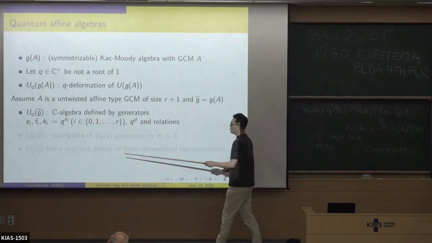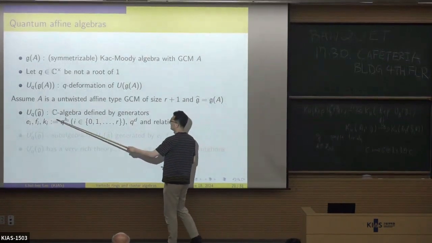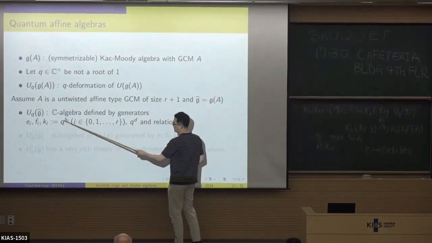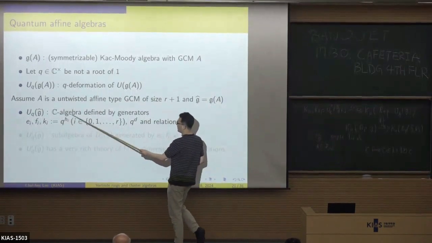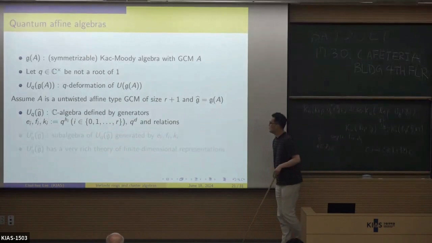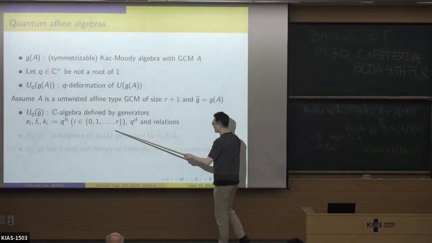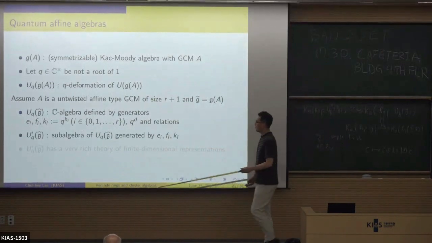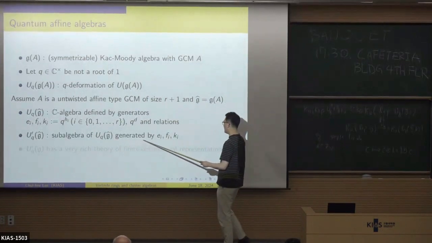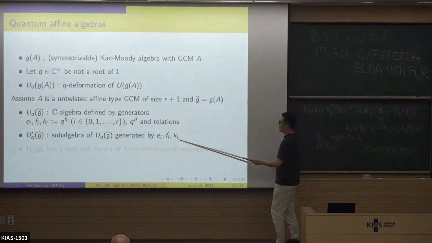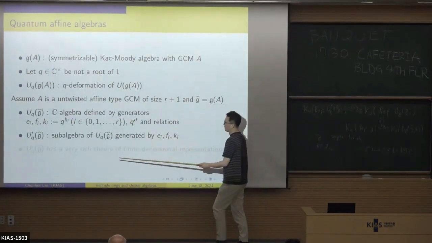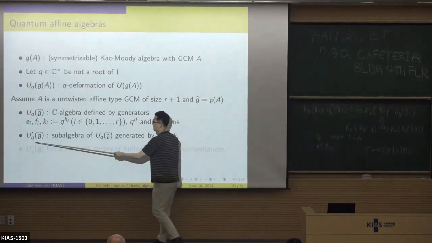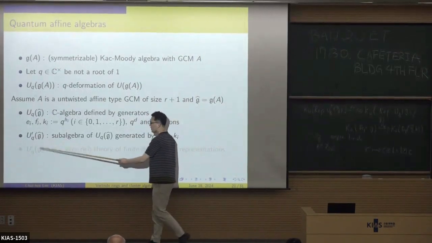So UQG hat is a C-algebra defined by generators EI, FI, but now HI is deformed so that it's the exponential of HI. And there is also an additional derivation. And when you consider the subalgebra generated by EI, FI, and KI, ignoring this, we also call this quantum affine algebra.